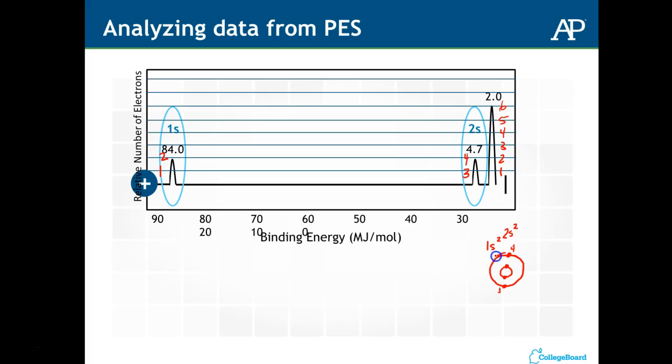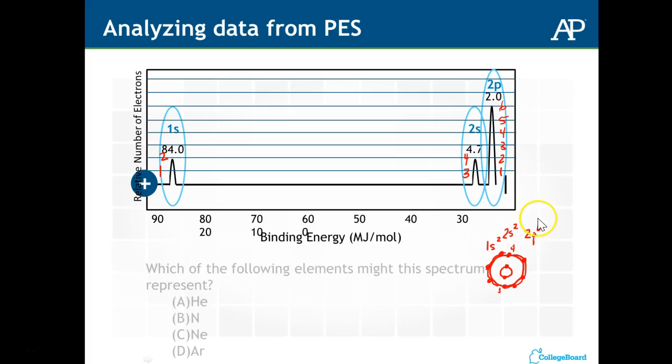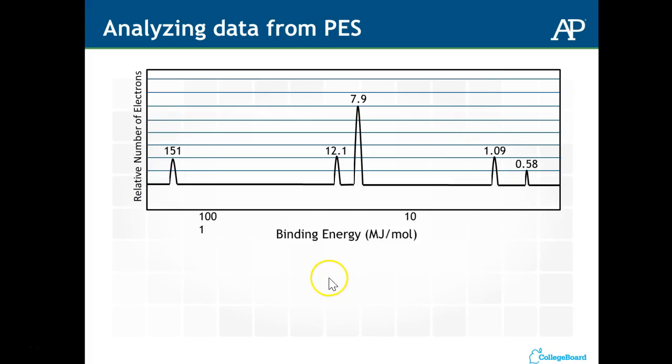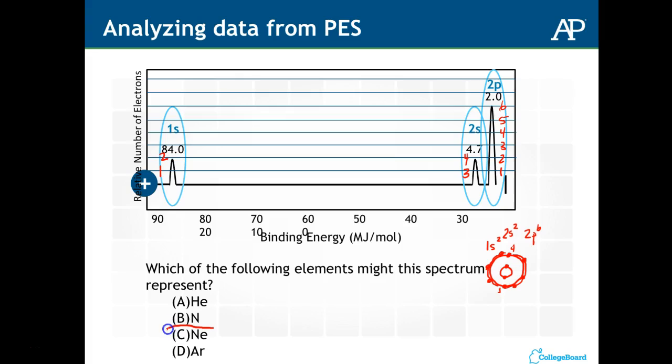So it would make sense that this must be our 2p with its 6 electrons. So 2p6. We don't see any more peaks over here, so there's no 3p. Then I ask myself, what element is 1s2, 2s2, 2p6? Looking at the periodic table, I would say that it is neon. That is our answer.